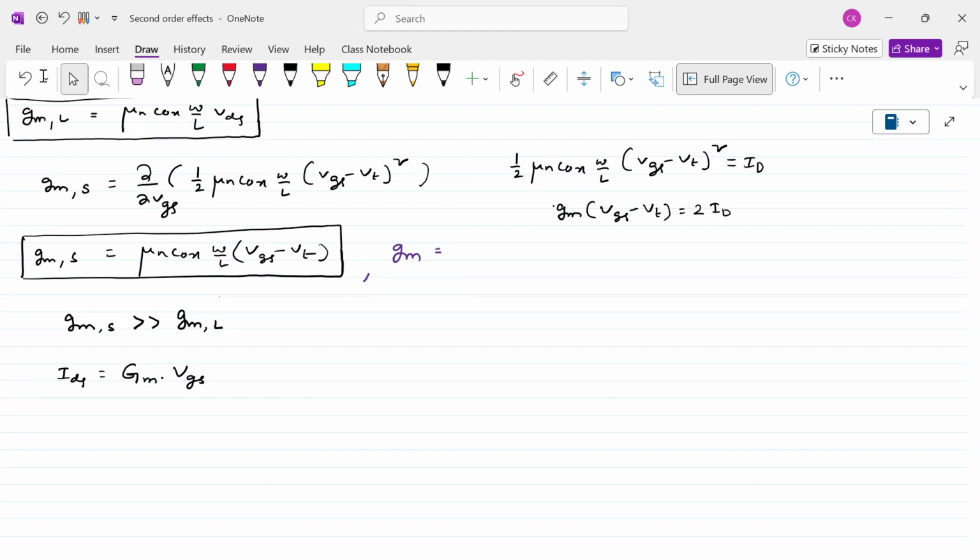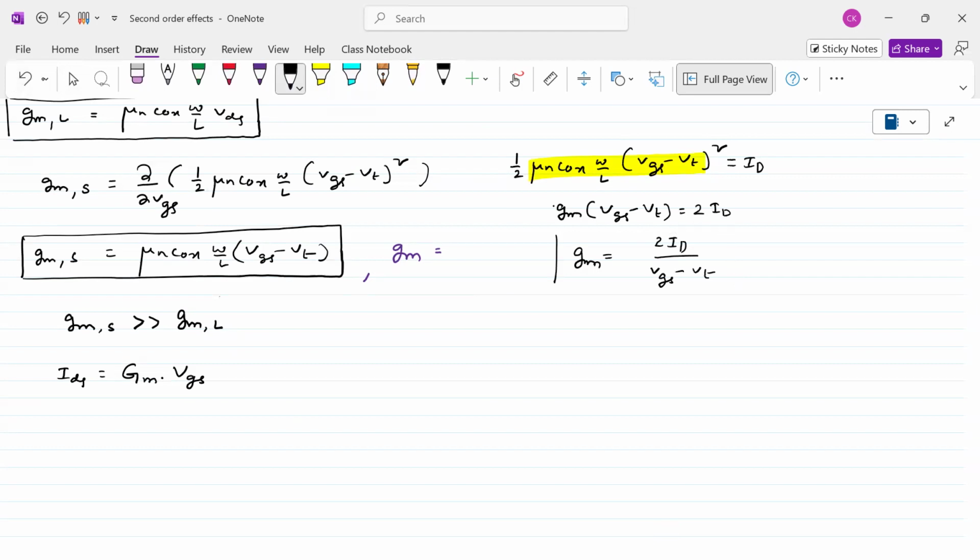So this is all together. Everything together I have written as gm times (VGS minus VT) whole square, with one term put aside. So gm can also be written as 2ID divided by (VGS minus VT). This is the second form.